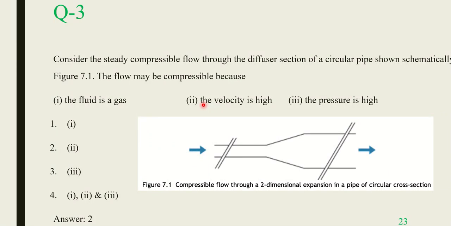The flow remains incompressible in such situations. The other way around, when velocity is high, the particles are moving at very high speed, therefore it is compressible. And the last statement, that pressure is high, also does not mean anything here.